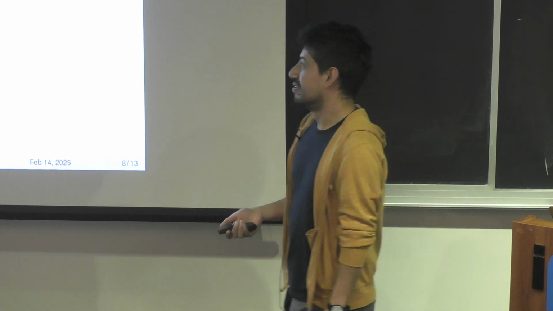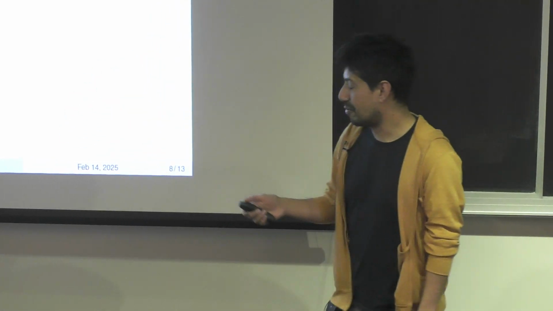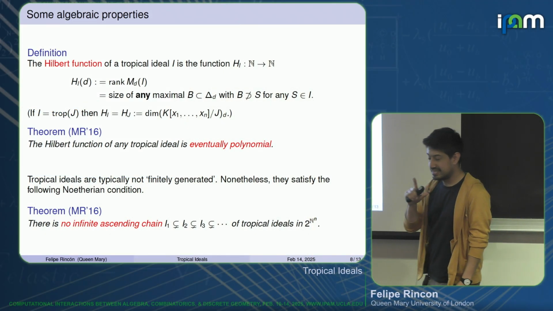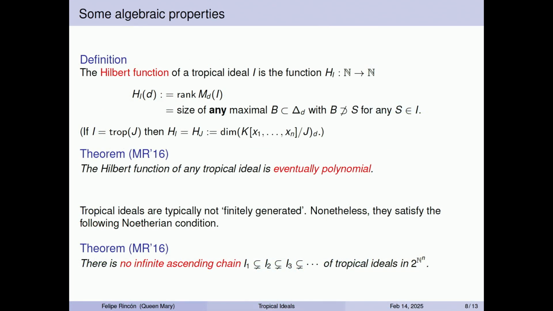This is also one of the things I tried to do for the presentation: to give you guys lots of open questions that maybe you can help me with. Something else that is quite interesting for tropical ideals is that these tropical ideals are typically not finitely generated.